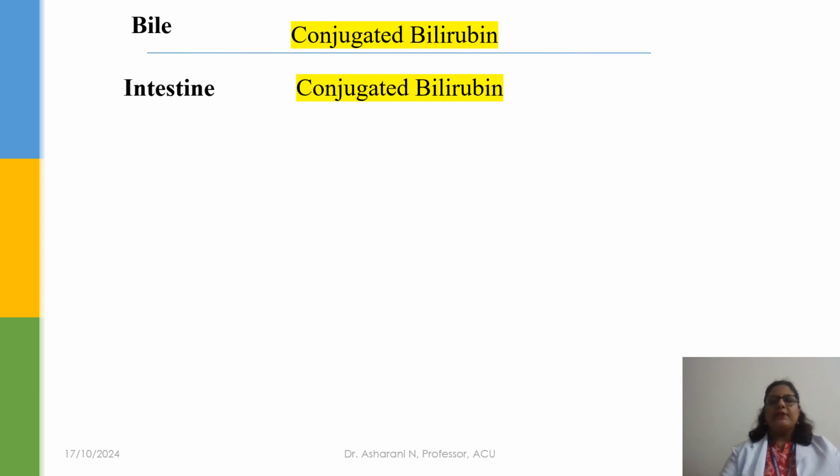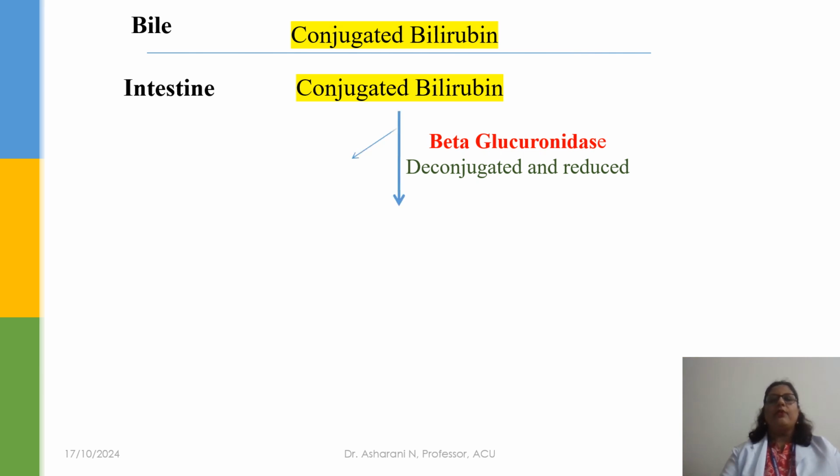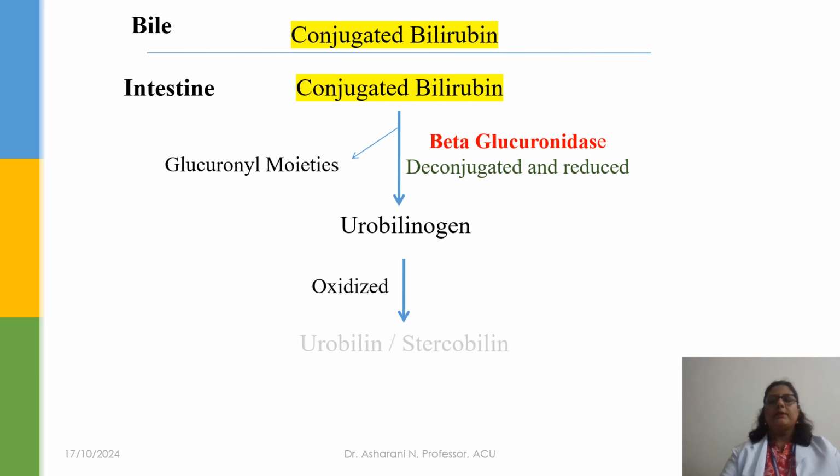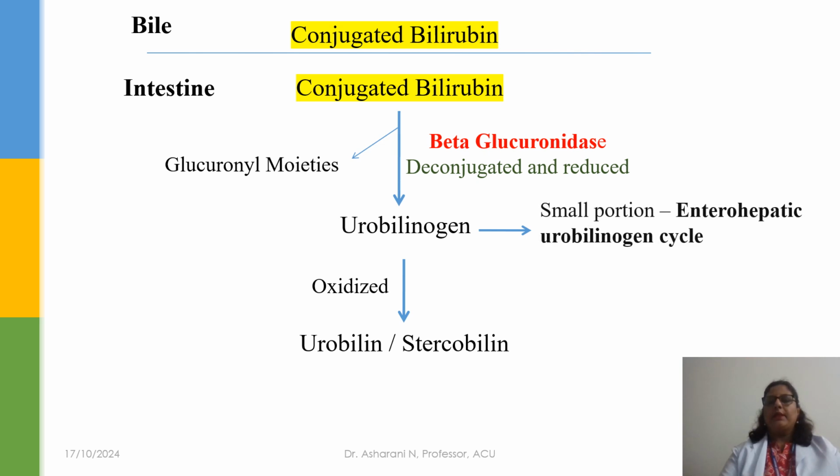After its function, this conjugated bilirubin is acted upon by beta glucuronidase, which deconjugates and reduces it to form urobilinogen. Of this urobilinogen, the major part is converted to urobilins or stercobilins. A small portion of it enters enterohepatic circulation.